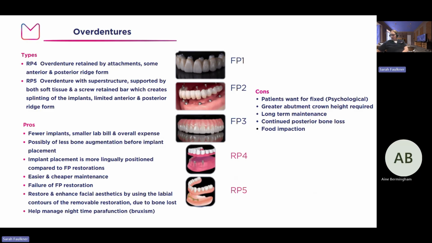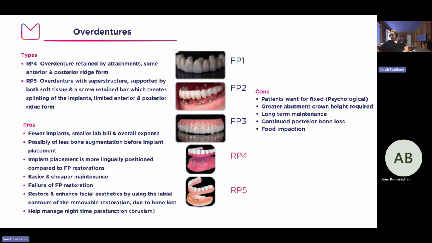So why would you not have an overdenture? A lot of the time it comes down to the patient's perception. They want to get away from that denture. They want to have something fixed, something like their natural teeth again. Whenever there's limited height, so limited space, there is also the long-term maintenance. There is a certain amount, depending on the variety of bar and componentry that you use.